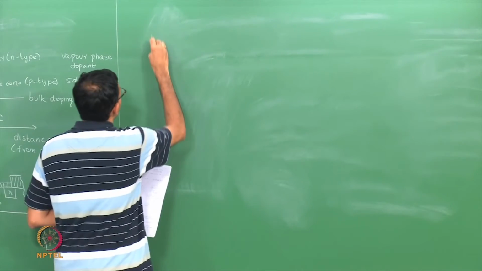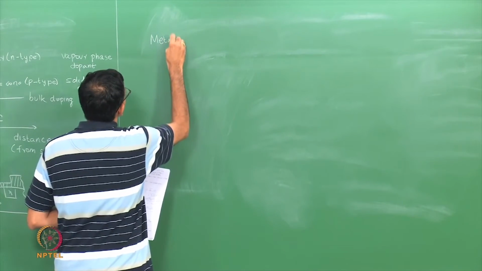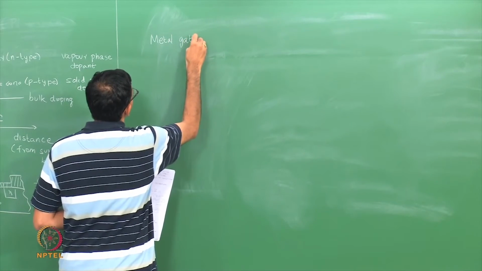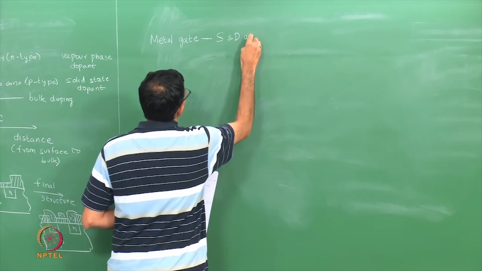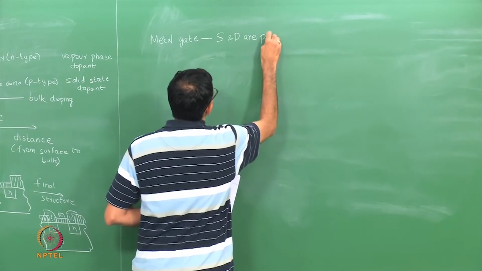So, with a metal gate, source and drain, S and D, are patterned first.